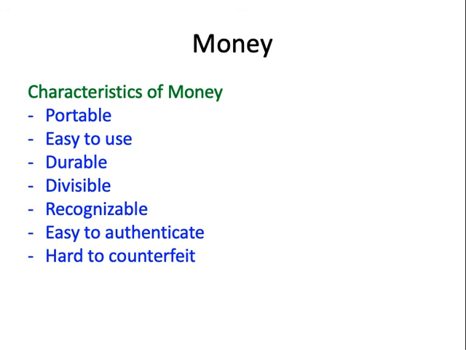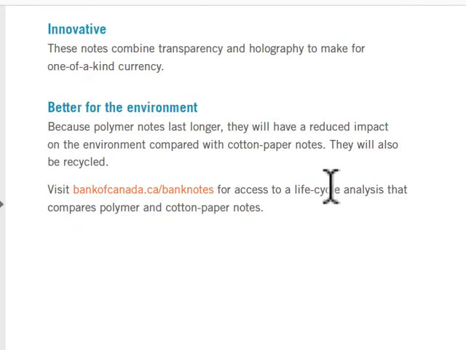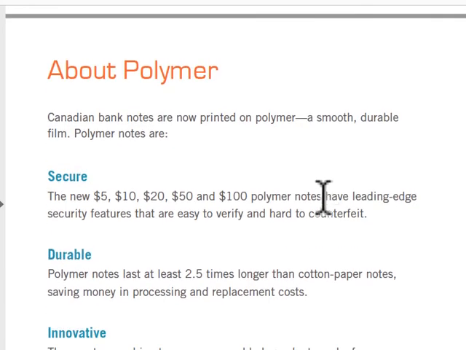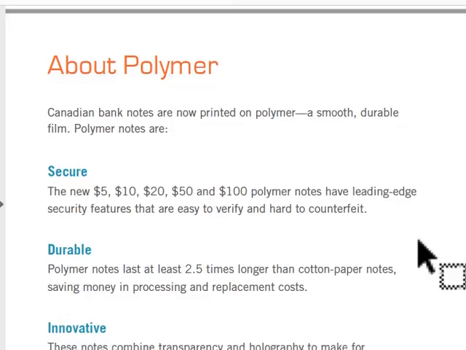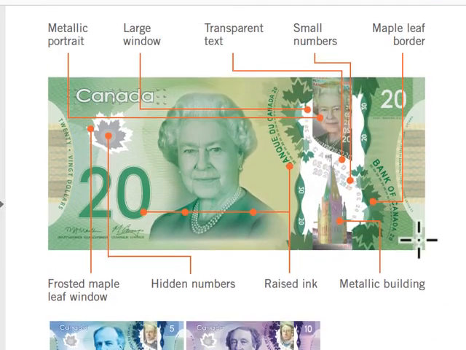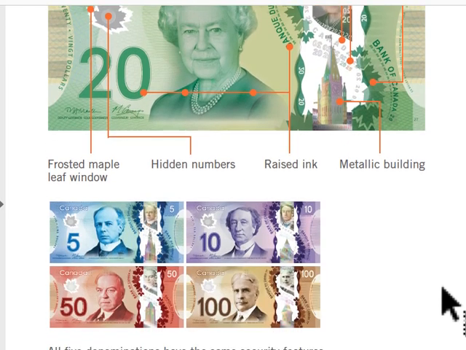If we look at Canadian money, there is a whole portion of these new polymers that were created that are very, very hard to counterfeit. All these very specific features are hard to make, right? If you're going to put the time and money into making counterfeit Canadian bills, you're risking massive amounts of investment, and it's going to be very difficult.